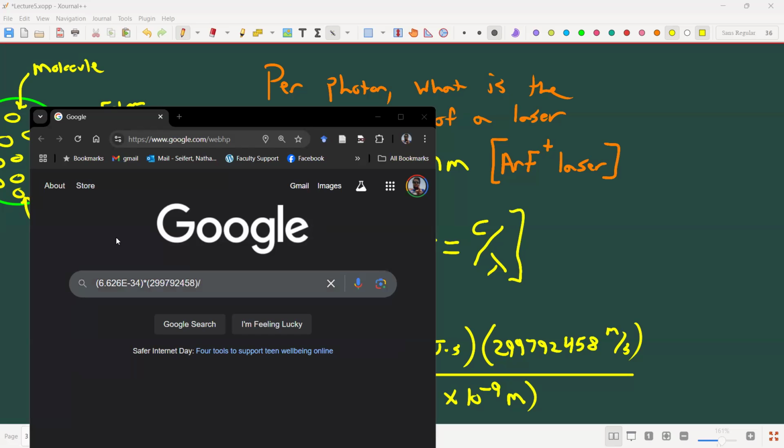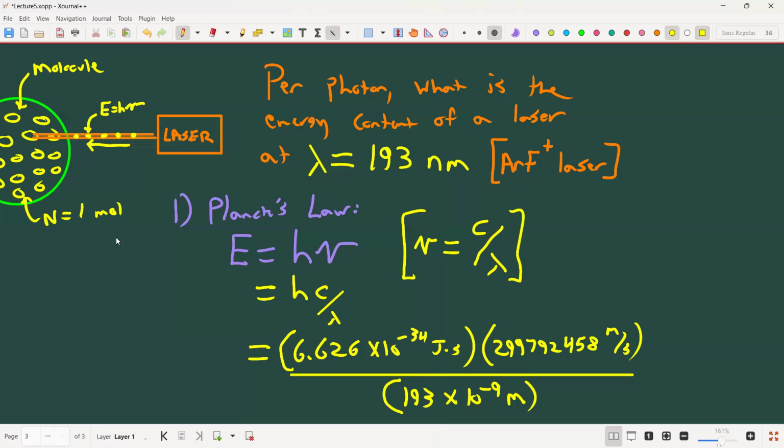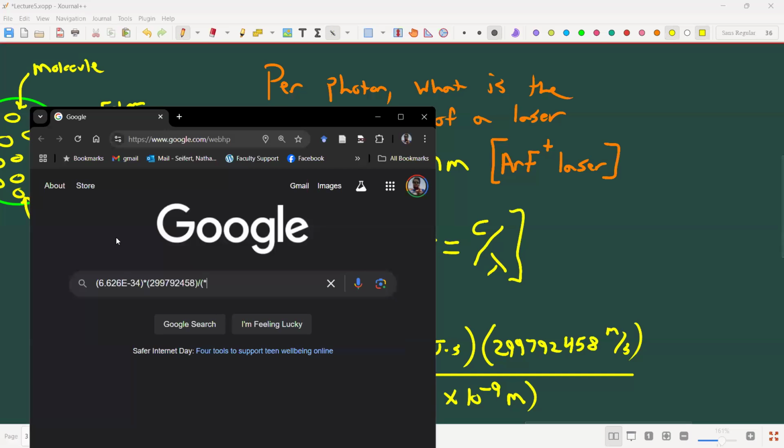I'm going to divide it by, what was my 193? And just as a reminder, if you're confused what I'm doing here, I'm not using times 10 to the minus. E means 10 to the, so E minus 34 is by definition 10 to the minus 34. Just the easy way to write it.